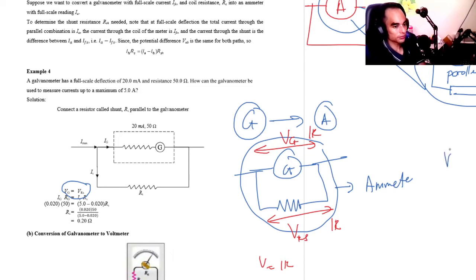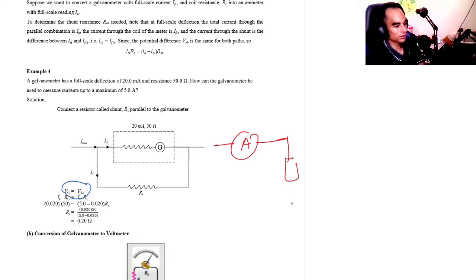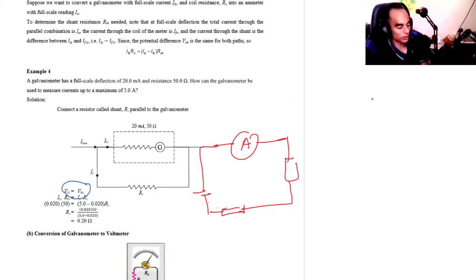For voltmeter, you cannot see my diagram. Okay, I remove all this. For ammeter, it will be connected in series with all the things, resistor and battery.